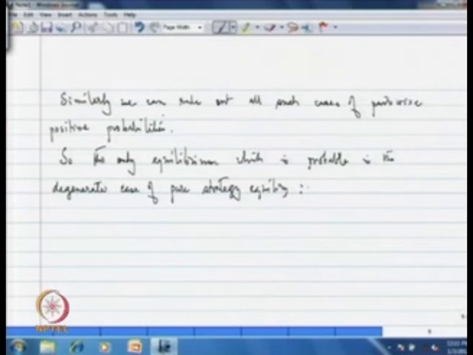Which we have already seen is at dr, which is basically meaning that this is the unique Nash equilibrium. So, that is it.